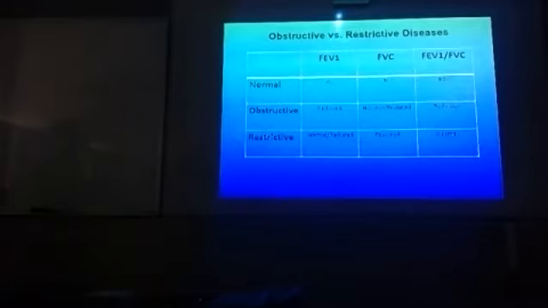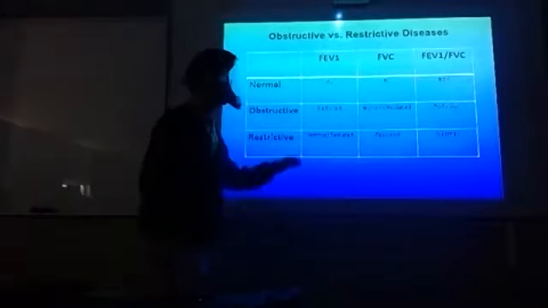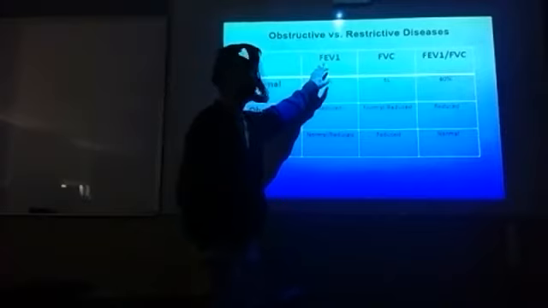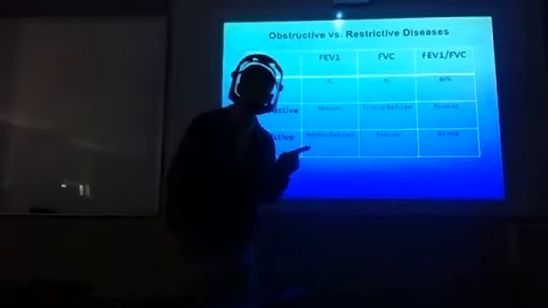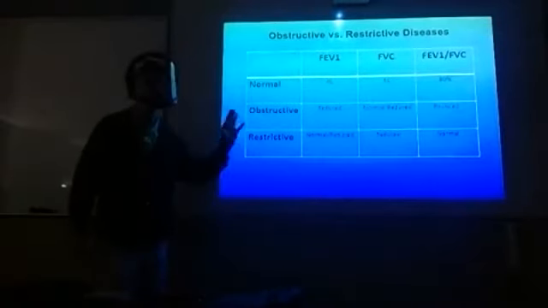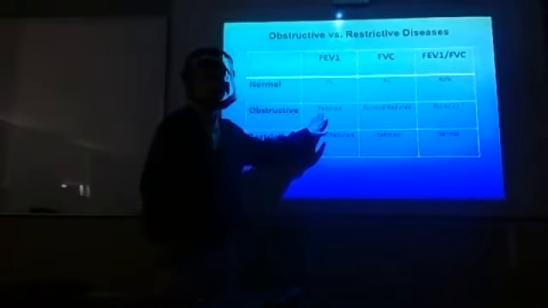And so there's an incredible increase in resistance during the expiratory phase. Well, that's going to affect the amount of air that you can forcefully expire in the first second, i.e. it's going to affect the FEV1. And so the most characteristic feature of these obstructive lung diseases is going to be a reduction in the FEV1.